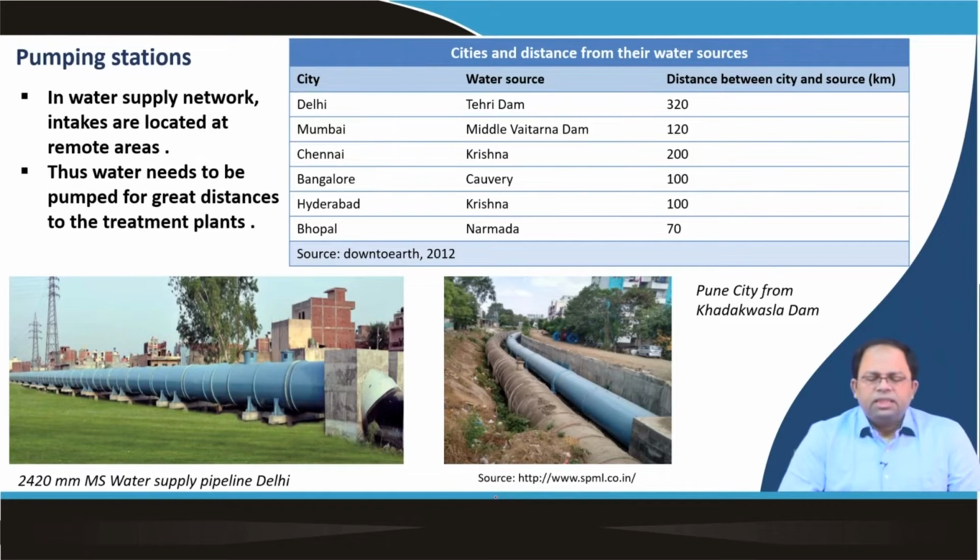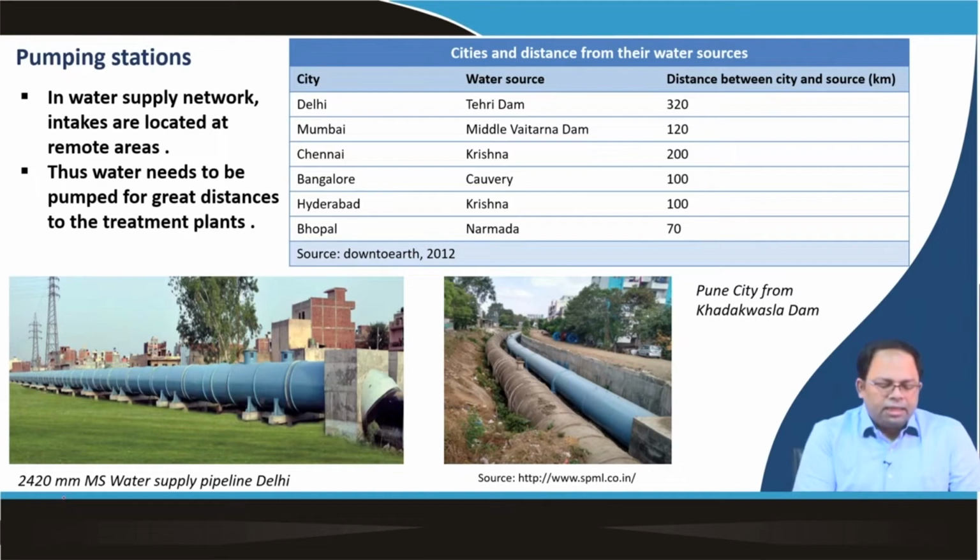In water supply networks, sometimes the intakes, or the points from where we draw water, are far away from the area which we serve. These are located at remote areas, and thus water needs to be pumped for great distances to the treatment plant. In that case, we need very big pumping stations or high pressure pumping stations to pump the water using this kind of pipelines.